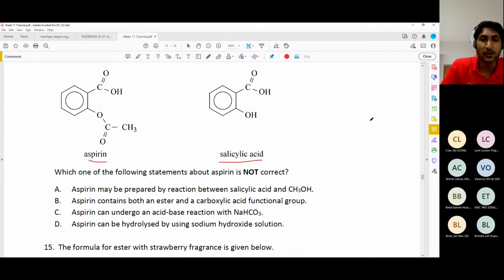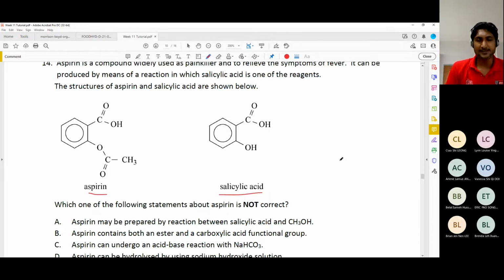Salicylic acid, yesterday we worked with it in the lab. You have seen that it looks like crystal, and doesn't dissolve nicely in water.